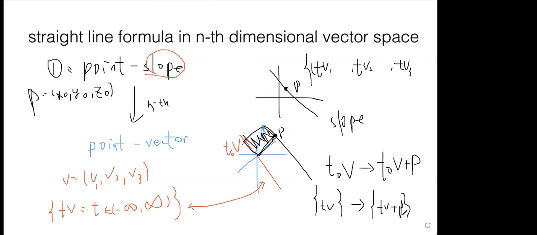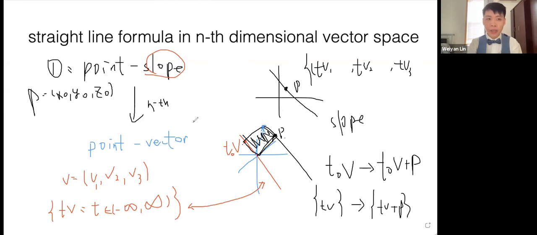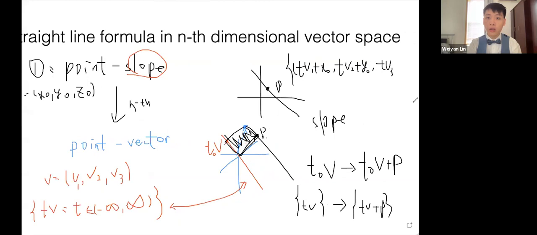And remember, we have to add the vector P, the vector x0, y0, z0. So we add x0 to tv1, y0 to tv2, and z0 to tv3.